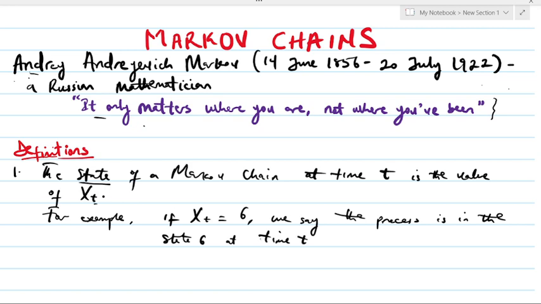So take note of that. So if x index t equals 6, then we say that the process is in the state 6 at time t. So let me make another example for better understanding.